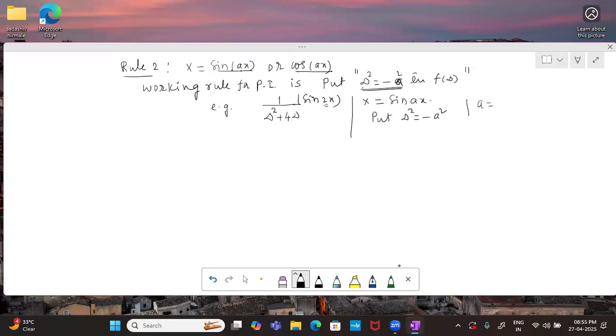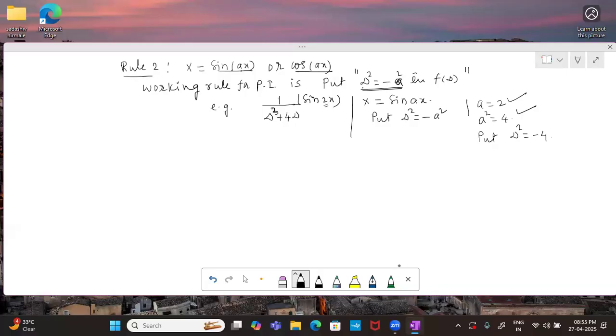Here a is 2. A square is 4. And put by working rule d square is equal to minus 4. So first decide a, square it, and replace d square by minus of that a square. That is the procedure. So d square is minus 4, but here there is d cube.